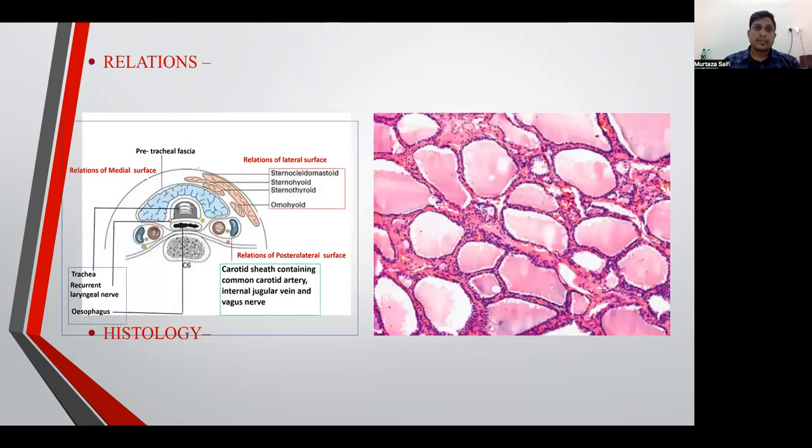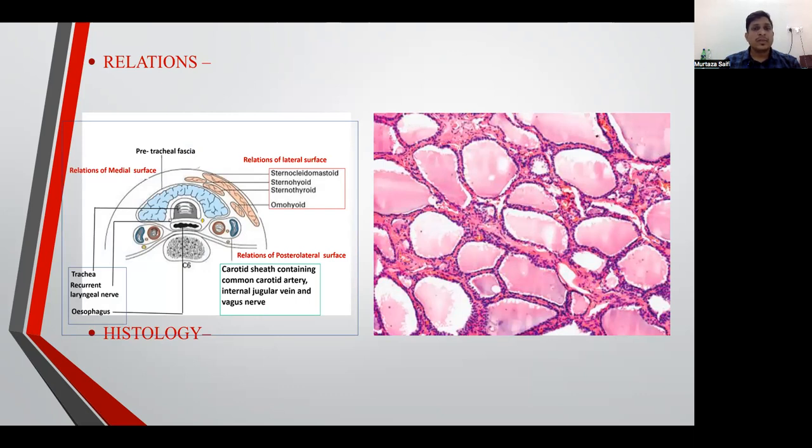Now the relations of the thyroid gland. You can see the pretracheal fascia, relations of the medial surface. You can see the recurrent laryngeal nerve, esophagus, then relations of the lateral surface: sternocleidomastoid, sternohyoid, sternothyroid, and omohyoid muscle.